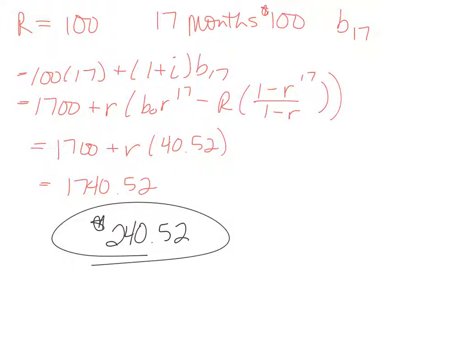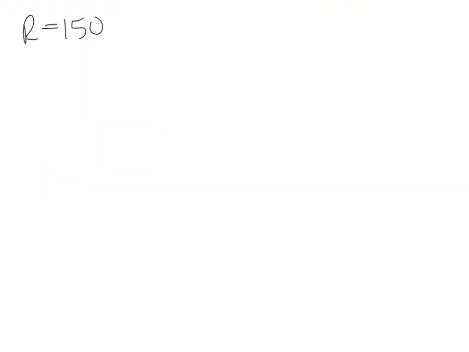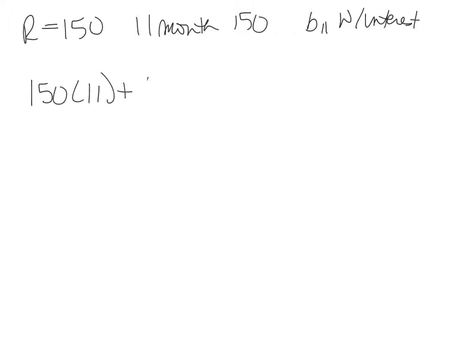Okay, how about R equals 150? So R equals 150, we did 11 months, 11 payments of $150, and the last payment was B11 with interest, right? Because the last payment's always smaller. So 150 times 11 is 1650. 150 times 11, yep.